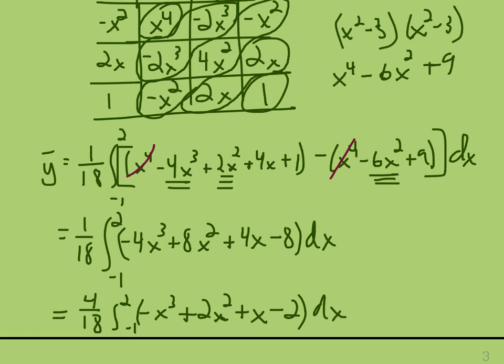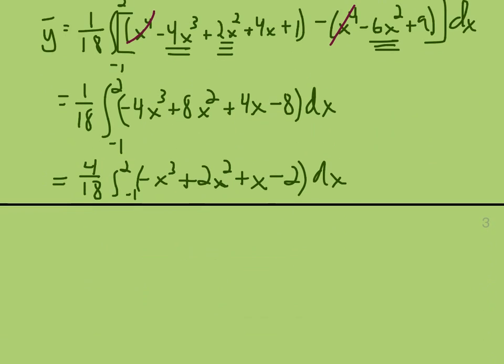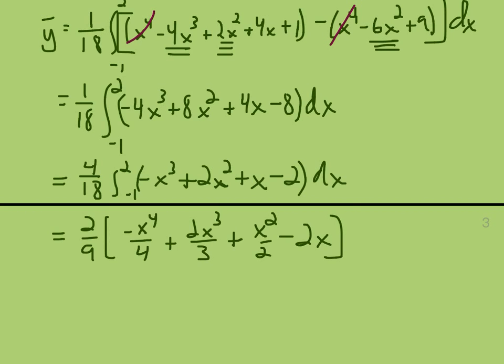It'll make our life a little easier. And we'll reduce that to be 2/9. And let's go ahead and integrate. We get negative x fourth over 4 plus 2x cubed over 3 plus x squared over 2 minus 2x, and that's evaluated from negative 1 to 2.